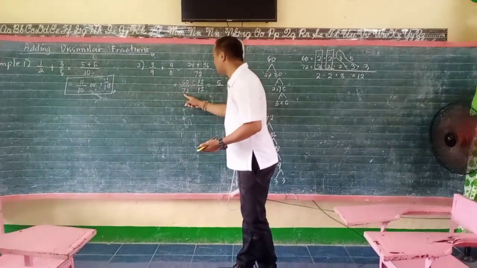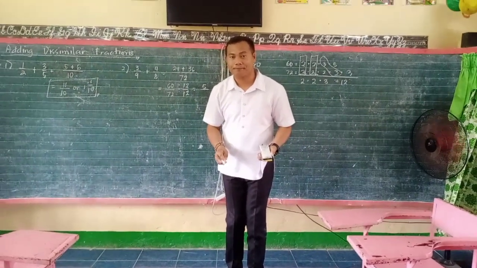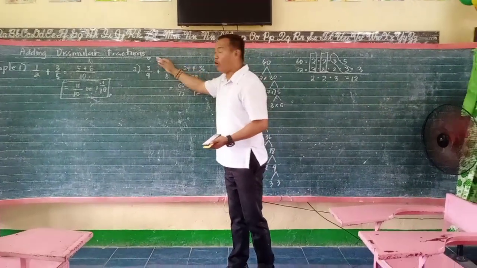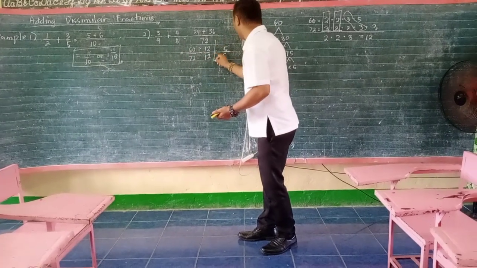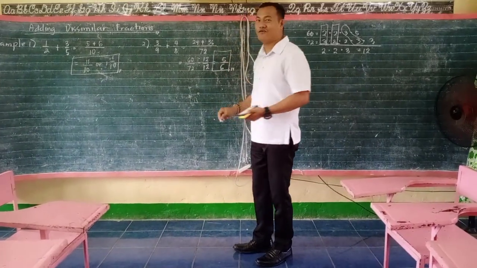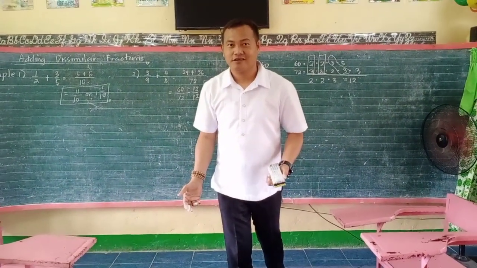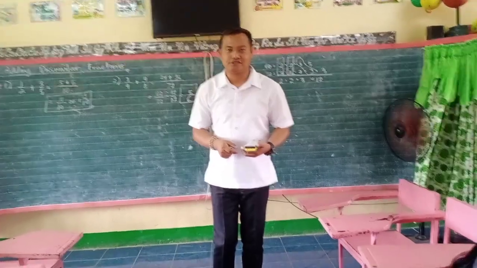Over 72 divided by 12 will give you, very good, that is 6. So 3 over 9 plus 4 over 8 is equal to 5 over 6. Can you follow? Do you know now how to add dissimilar fractions?